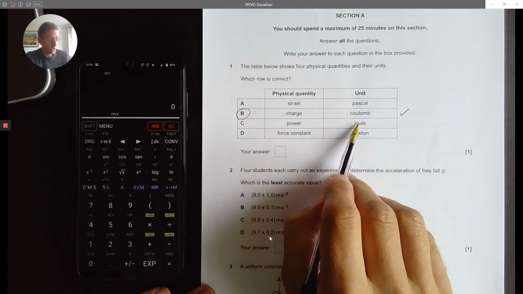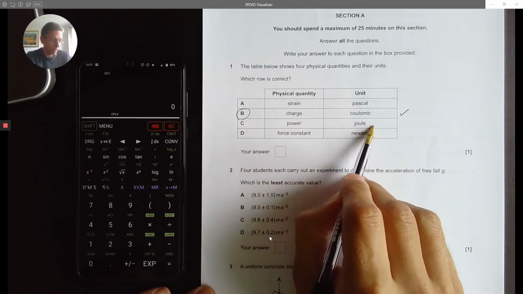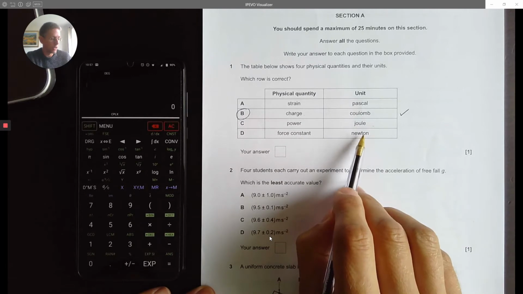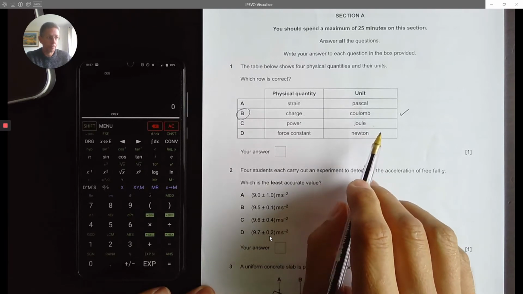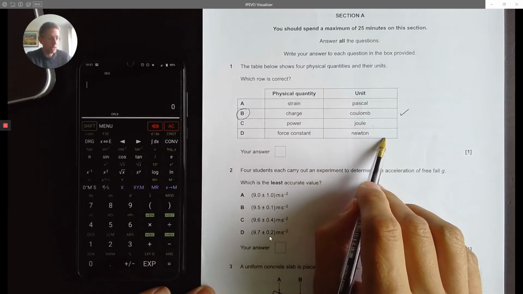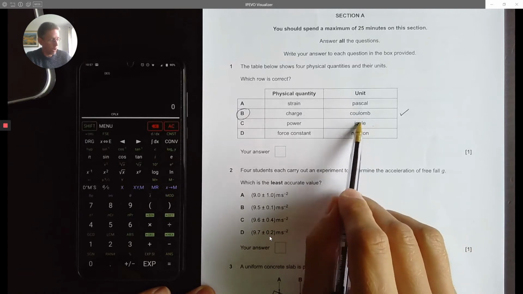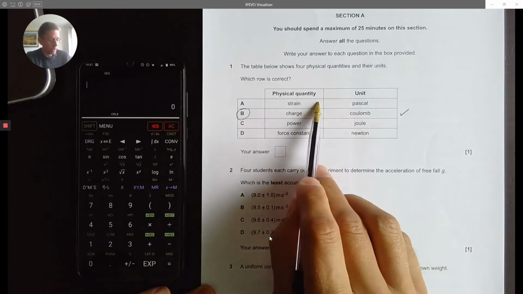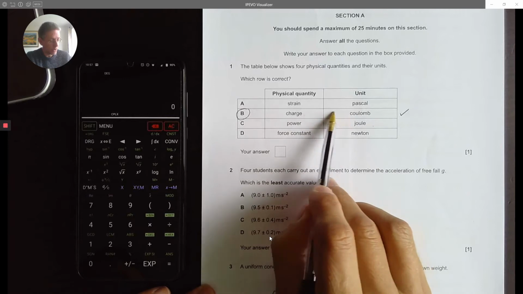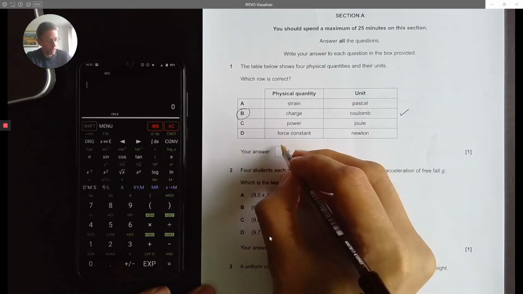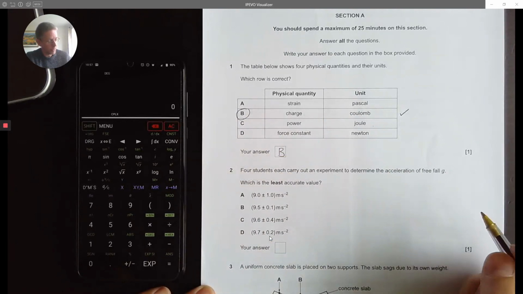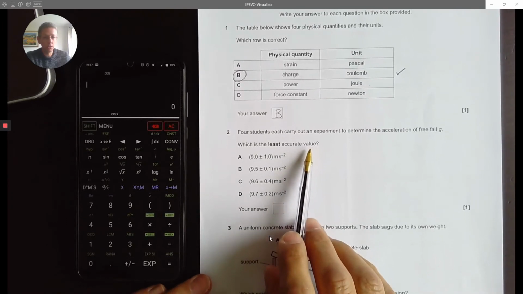Power, just checking, is joules per second, and force constant is newtons per centimetre or per metre. So we know these two aren't correct. We're a little bit vague on this one. In fact, it's not correct, and this one definitely is, so we're going to go with that, and the answer is B.